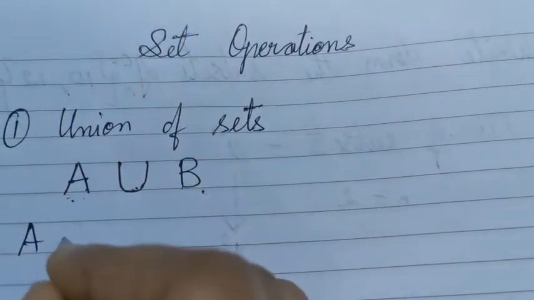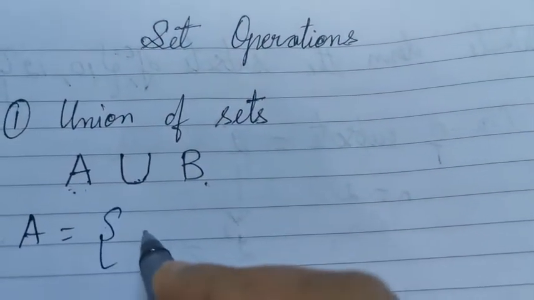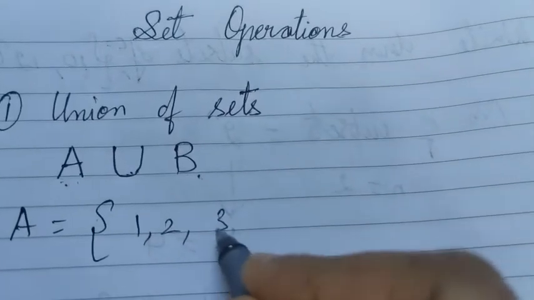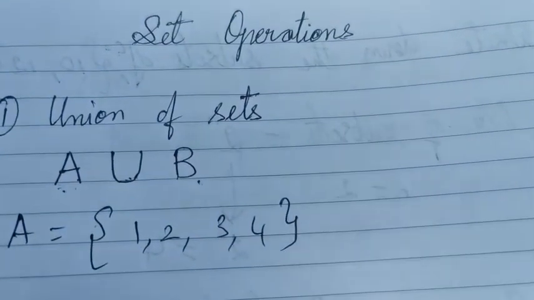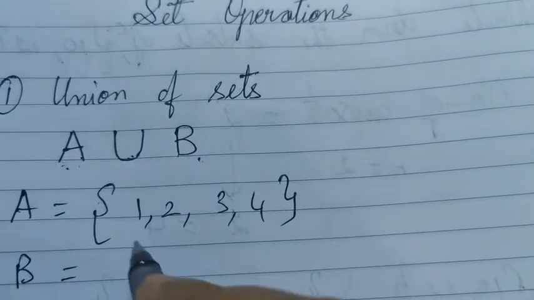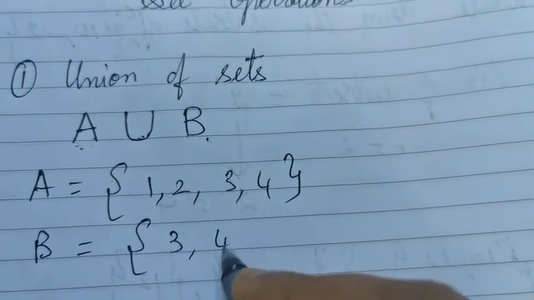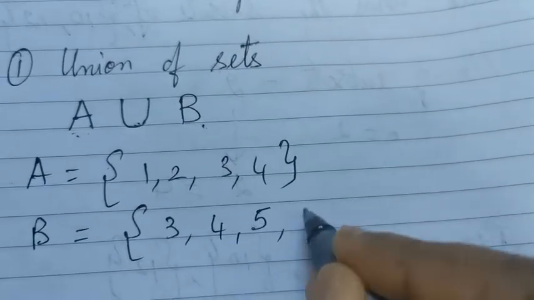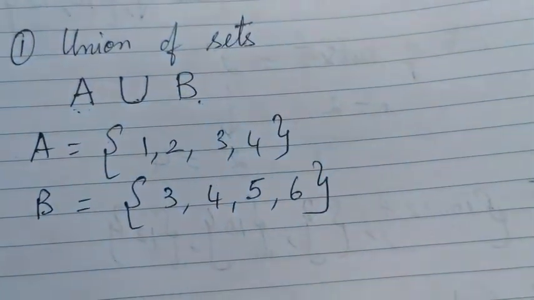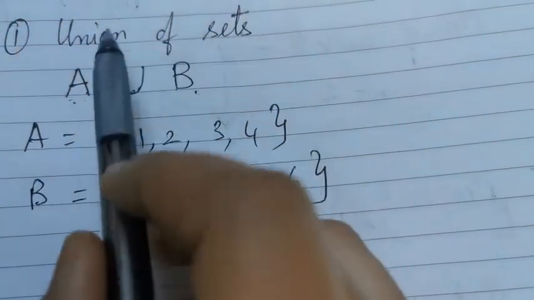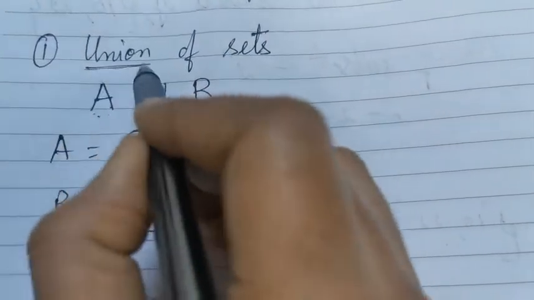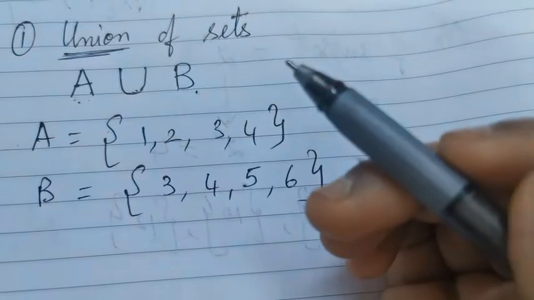Now if my set A has elements 1, 2, 3, 4 and the set B has elements 3, 4, 5 and 6. As the name indicates, union means all together.